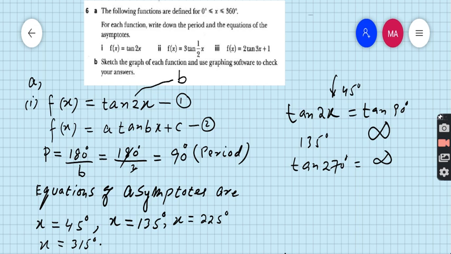If you put x is 225, then 225 into 2 is 450, and for 450 the answer is undefined.